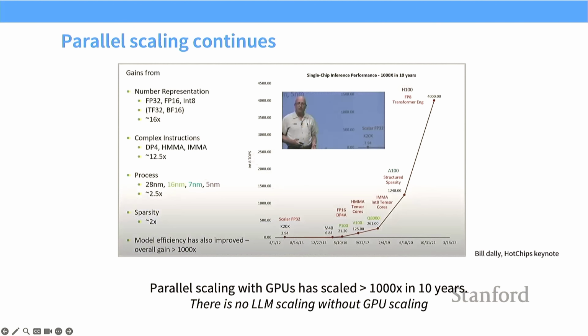So the story of scaling for deep learning and neural networks is going from single thread scaling, which is just doing your computation faster in absolute terms, to parallel scaling, where you have a lot of workloads that are all computed at once. And this is one of my favorite compute scaling charts, by Bill Dally in his keynote, where he's showing the super exponential increase in the number of integer operations per second, going from the earliest K20s to the H100, right?